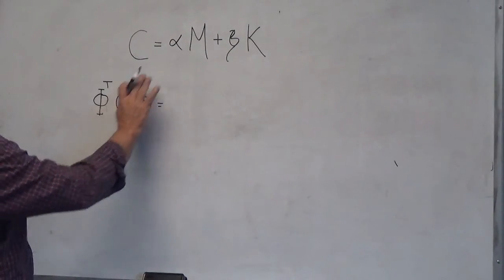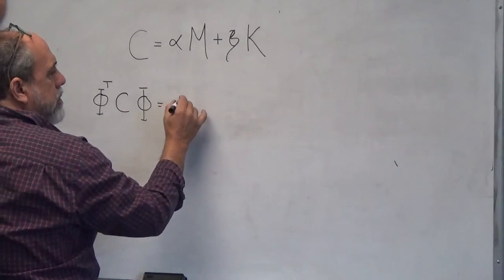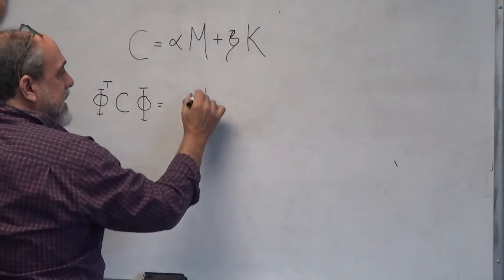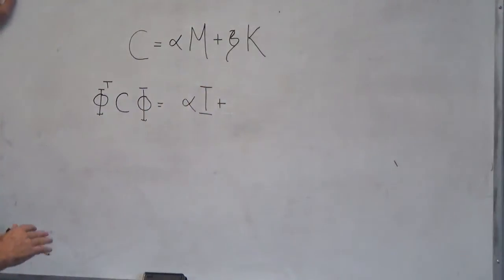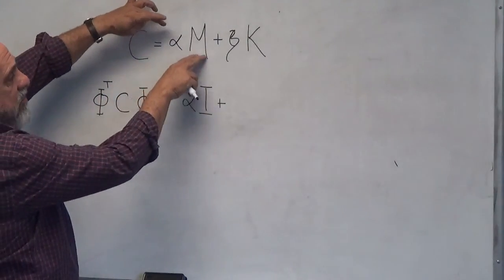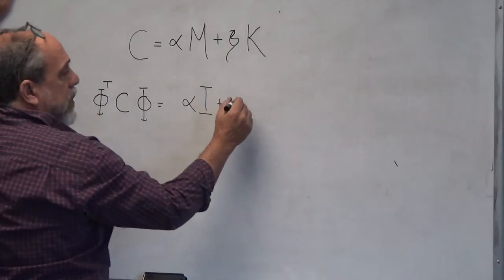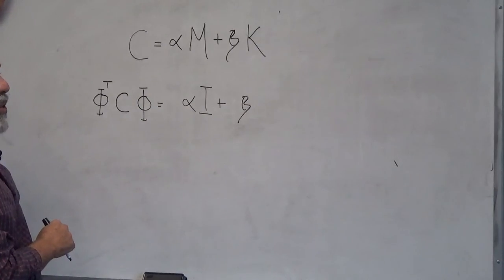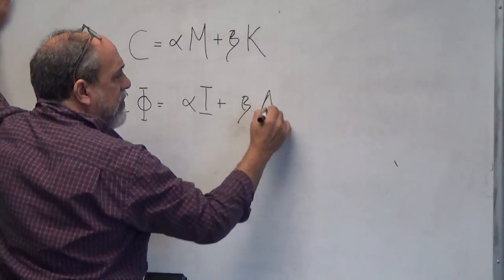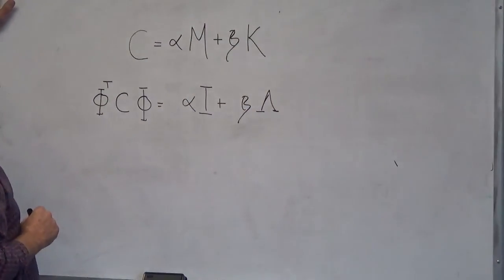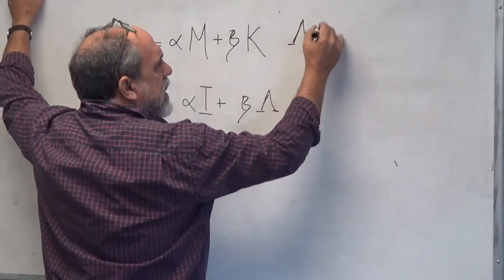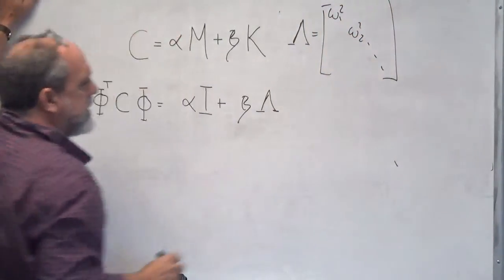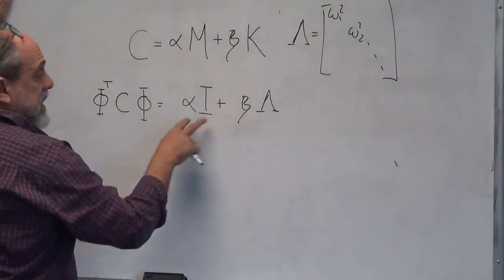Now, if I put the C of this form, it should be obvious that what we get is alpha times the identity, because phi transpose M phi is just the identity, plus beta times phi transpose K phi, but phi transpose K phi is the matrix of omega squares, where this matrix lambda is just omega 1 squared, omega 2 squared, etc. Now, this is diagonal and this is diagonal.